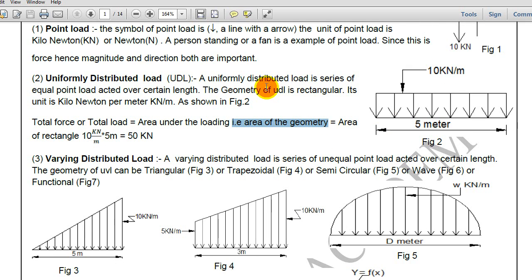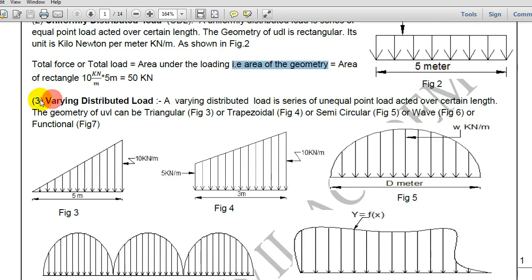After this, the third is the varying distributed load. It is an advancement of the rectangular, but there are other distributions of load in a different manner. That's why it is varying distributed load.